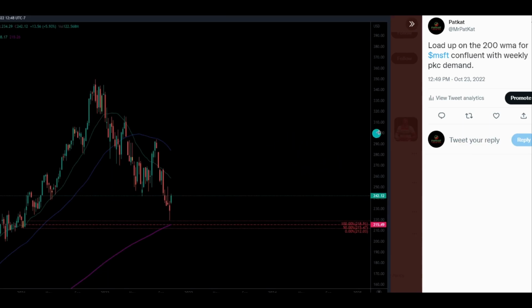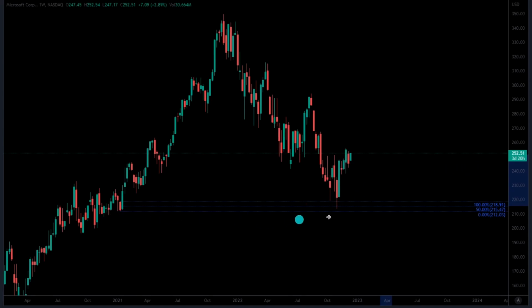For this example, I had the weekly 200 moving average confluent with the mid-range of the weekly demand zone, the weekly PKC. You had the first candle, a buying candle, the neutral candle, then the impulse away. I made this call on October 23. It gave a 20% move. I made some money here, bought some calls, and it was a good move.